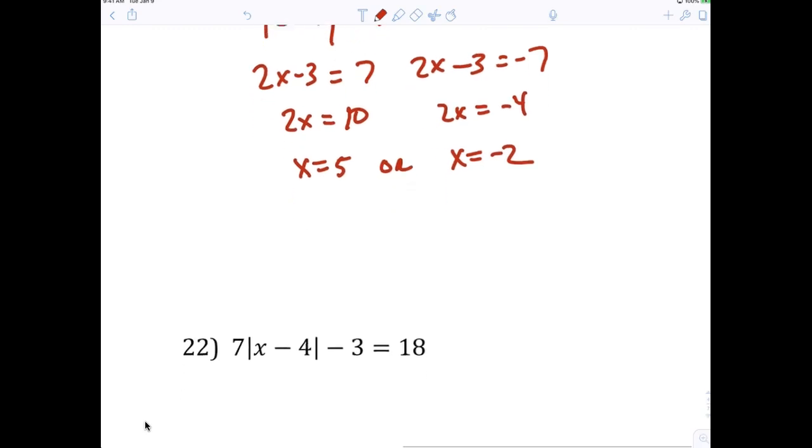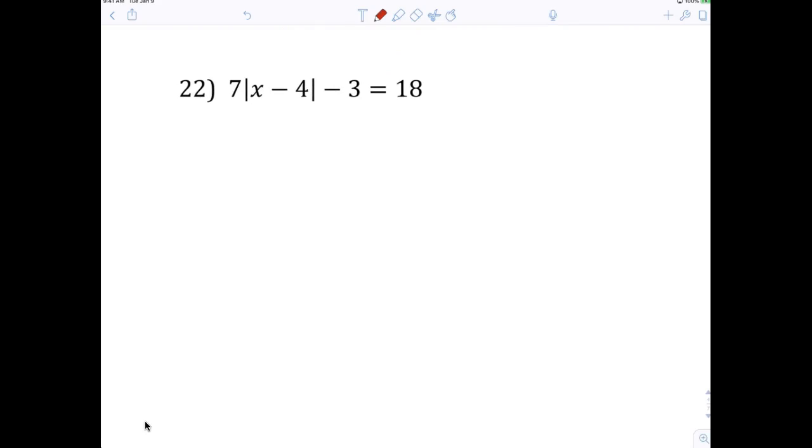Chloe, go. So it would be 7x minus 4 equals 21. Good. Then what? Divide by 7. Good. And then it would be x minus 4 equals 3.